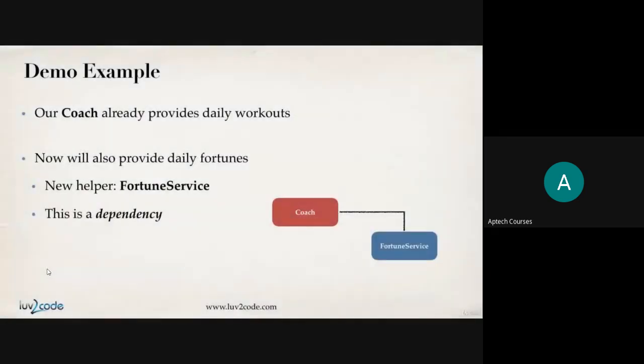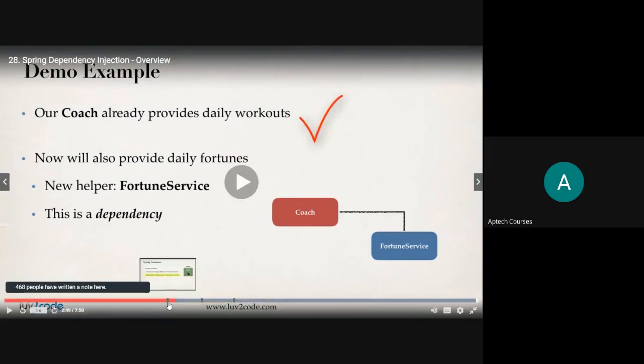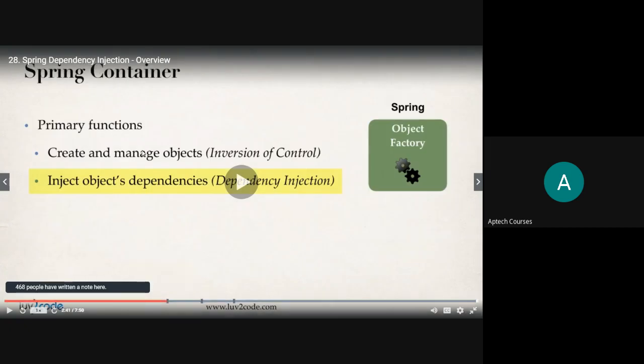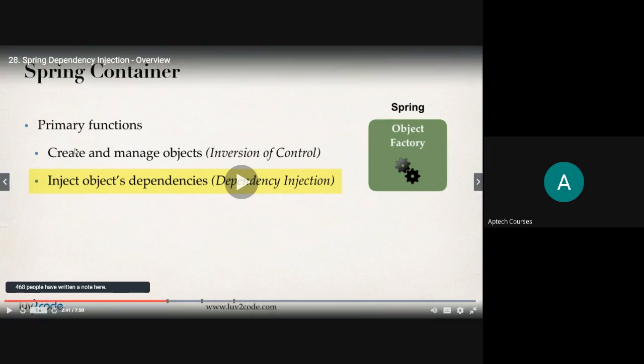All right, so we'll walk through this with an example again. Our coach already provides daily workouts. See here, Spring Container. What are its basic functions? Basically, it can create and manage objects. Creating and managing objects is what we call inversion of control.